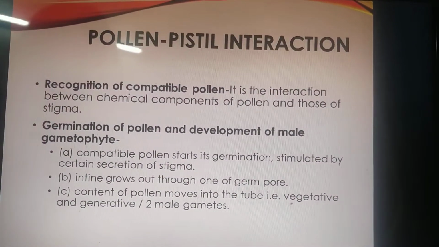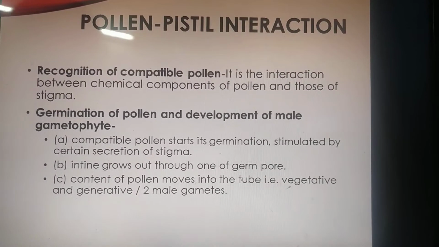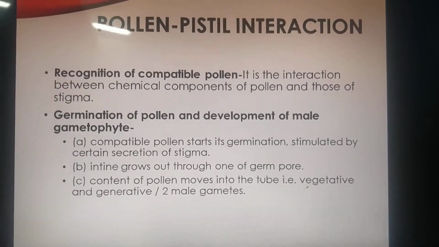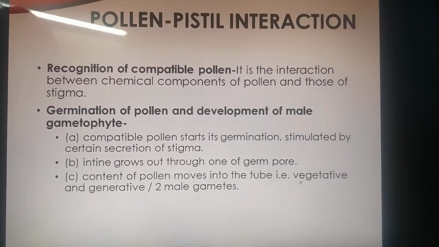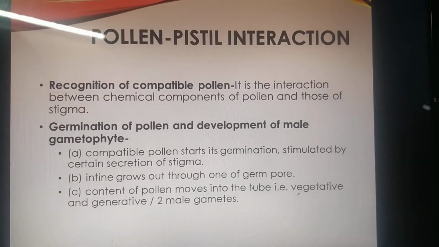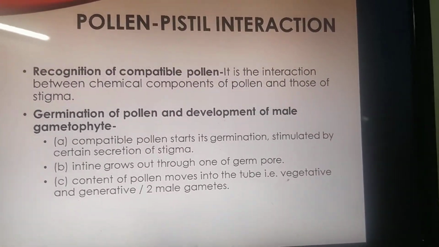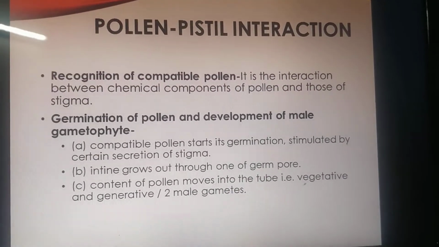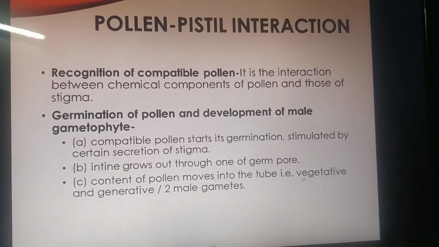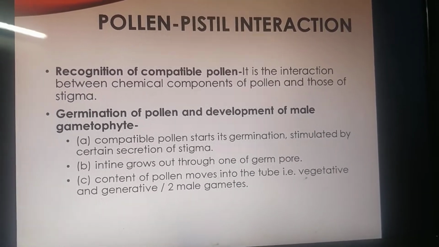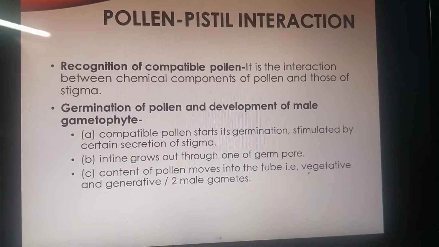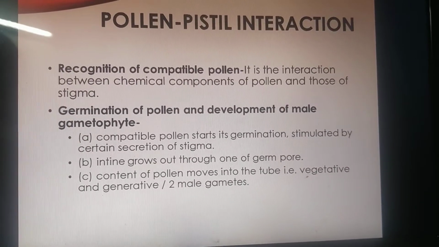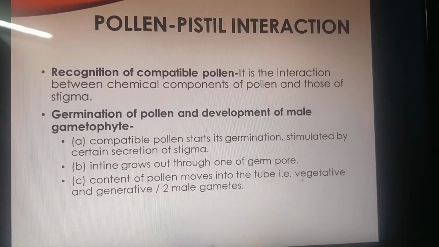So unisexual flowers and dioecious flowers are also different ways by which cross pollination is promoted. Pollen pistil interaction is very important. It is an interaction between chemical components of the pollen and those of the stigma.